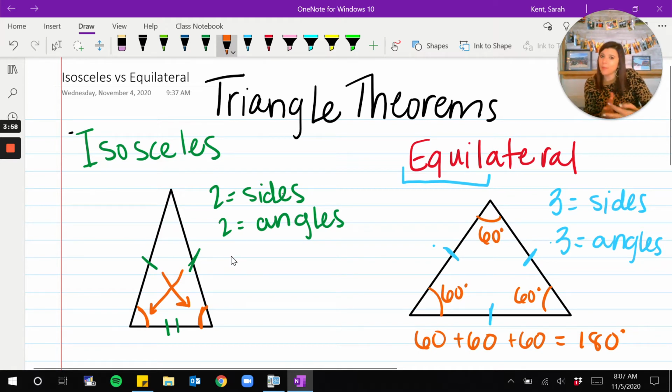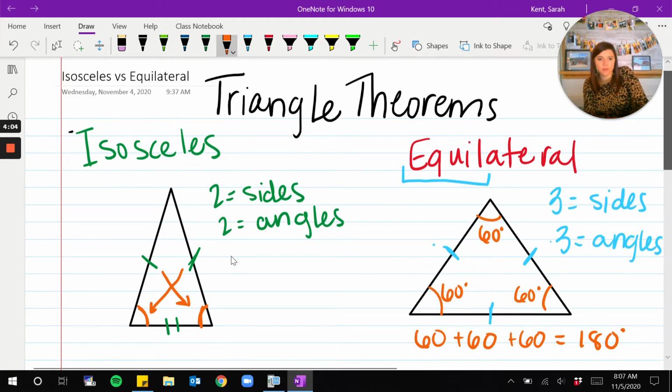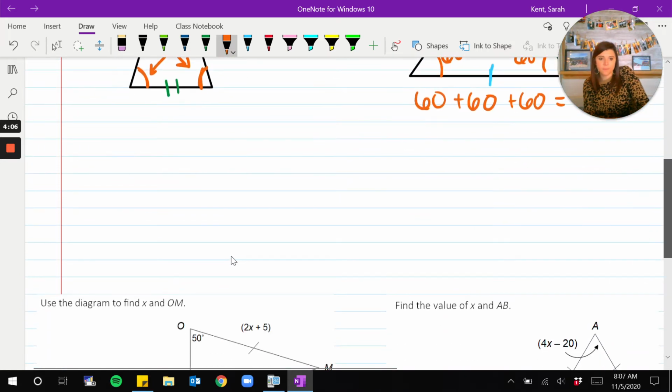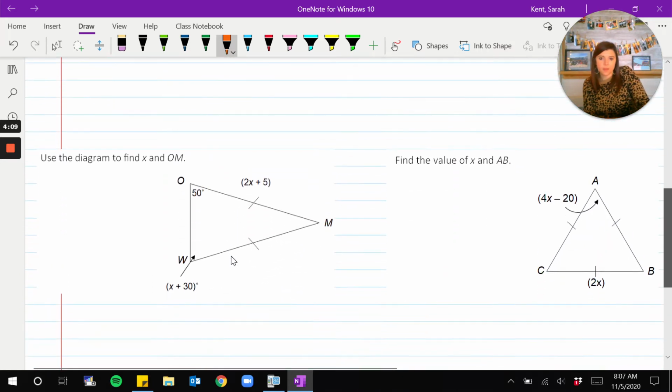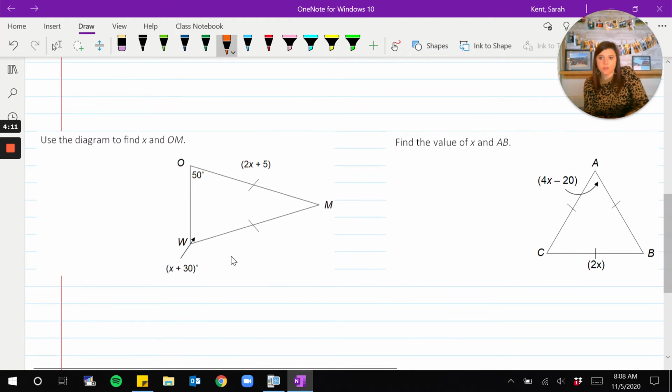So let's look at a couple of examples with isosceles and equilateral triangles. So here in our first example, it says use the diagram to find X and to find OM.